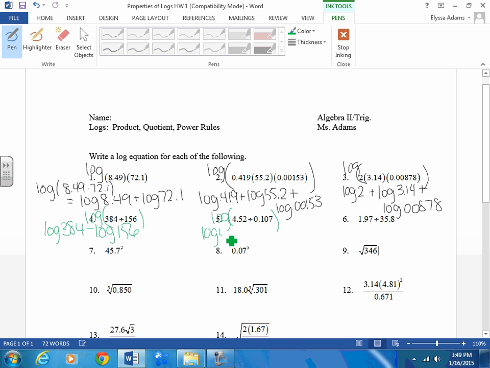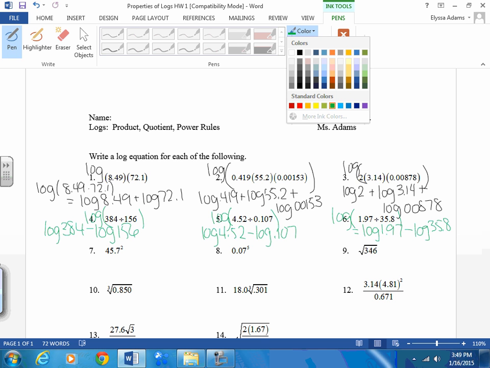So this will be the log of 4.52 minus the log of 0.107. Take the log of number 6, and this will be equal to the log of 1.97 minus the log of 35.8. So the first row of problems is multiplication. Second row of problems was division.